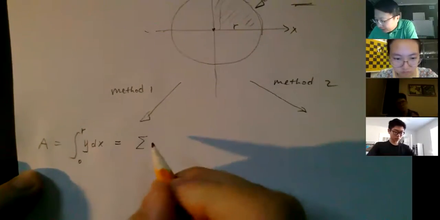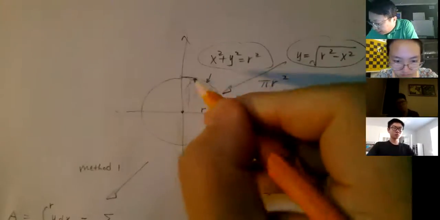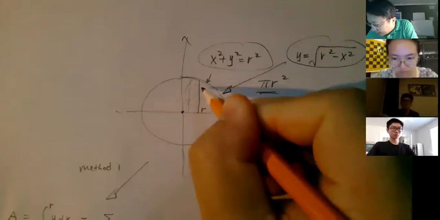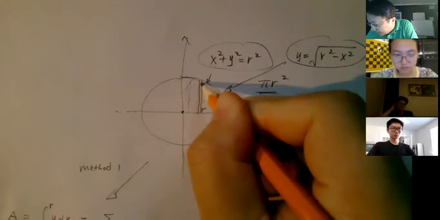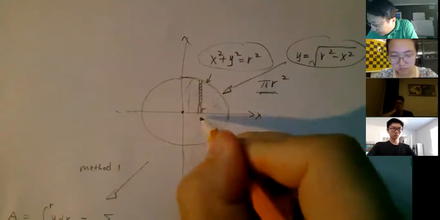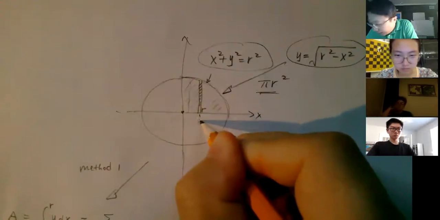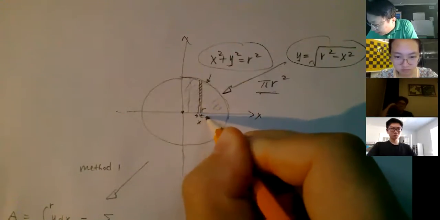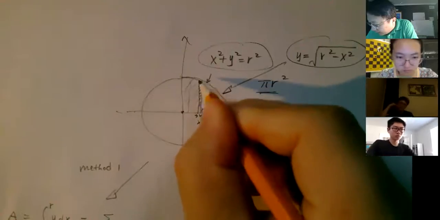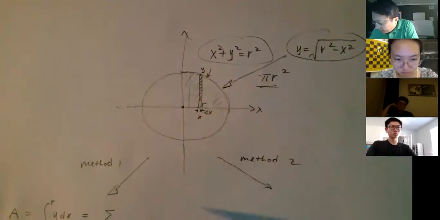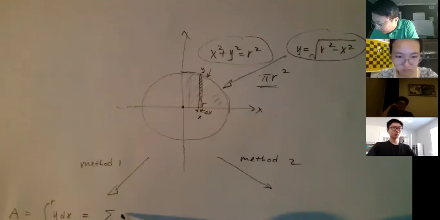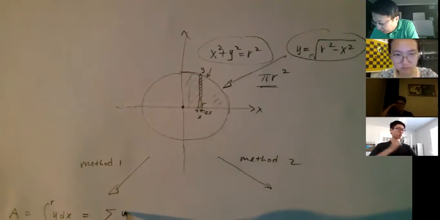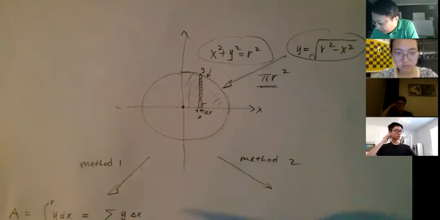It's the sum of those tiny slices with location x, and of course width is delta x, and at this location the height is y. So this slice area is width times height: height is y, width is delta x, right?